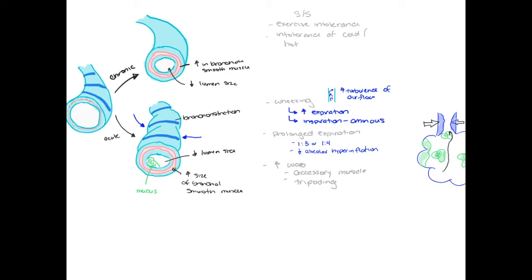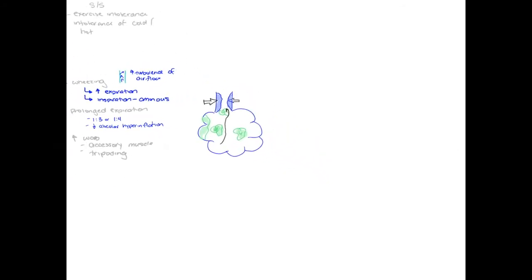The other problem with this air trapping is you can start to see barrel chesting. So as these alveoli become hyperinflated, because this process of prolonged expiration is not working, and we have the edema in the bronchiole as well as that increased pressure during expiration, which can lead to that air trapping, the alveoli become hyperinflated, or we start to see an increase in air within the alveoli because air is able to make its way in during inspiration.